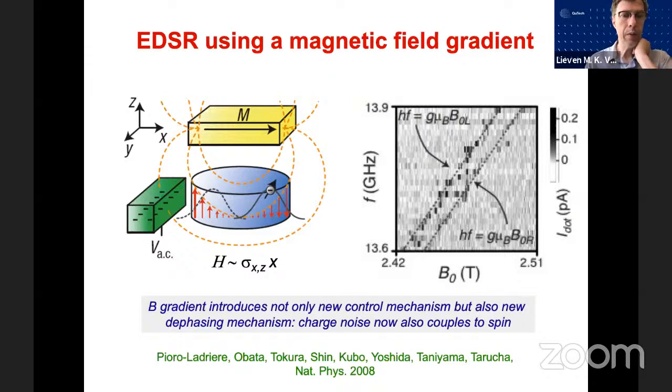And so the presence of this longitudinal gradient makes the spin vulnerable to dephasing from charge noise. Now, what we have done in our experiments, especially in the later experiments, is to design our micromagnets such that the longitudinal gradient is small and the transverse gradient is large.